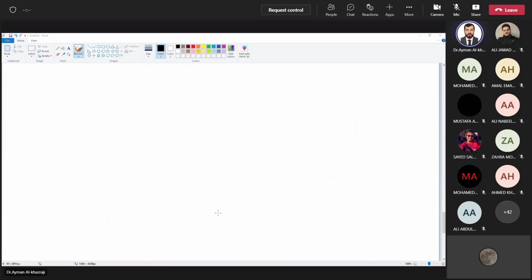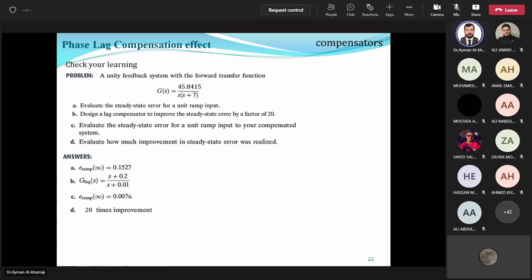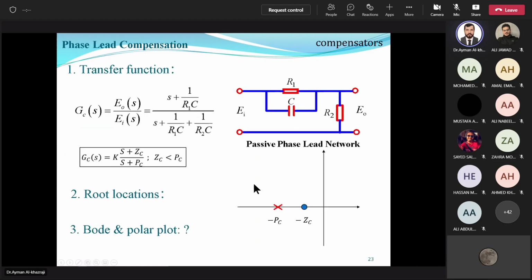Now, what do we have also in the questions? Doctor, yes. If it was lead, you check what is written in lead. Go and check in lead. In the lead, we are not working on the error because lead is improving the transient, right? So we are improving the phase margin.